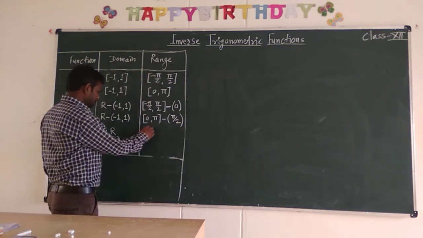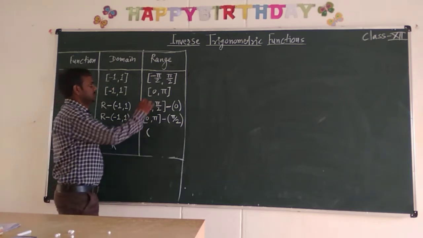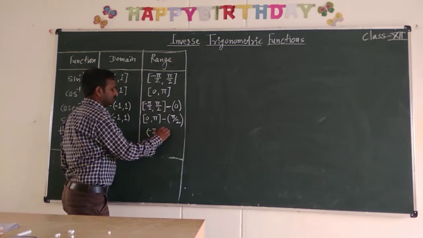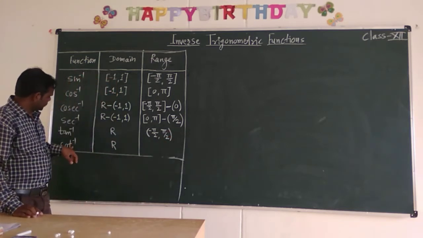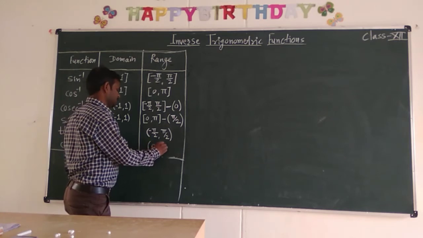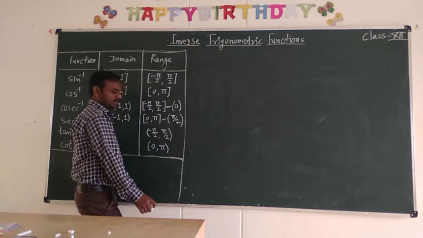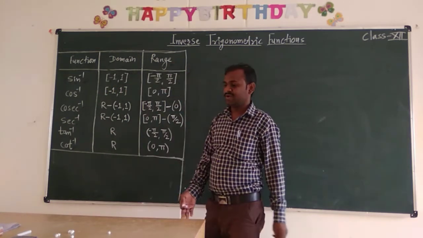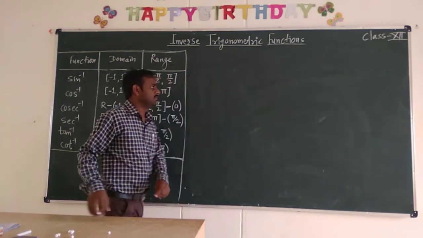But here the range of tan inverse is the open interval -π/2 to +π/2, and the range of cot inverse is the open interval 0 to π. Now using the table we have to solve examples of principal value.